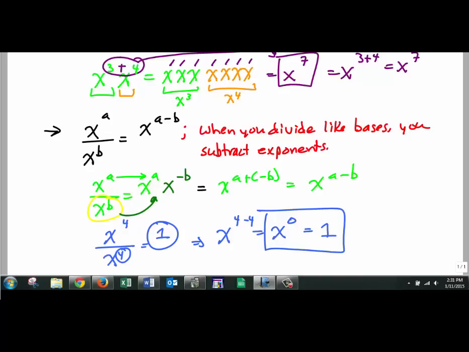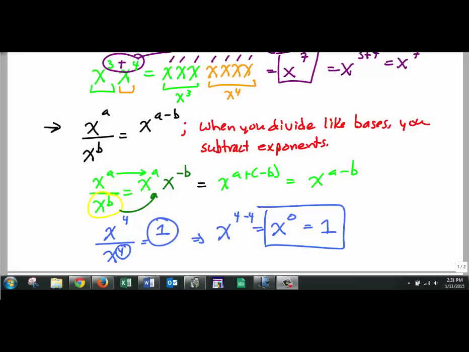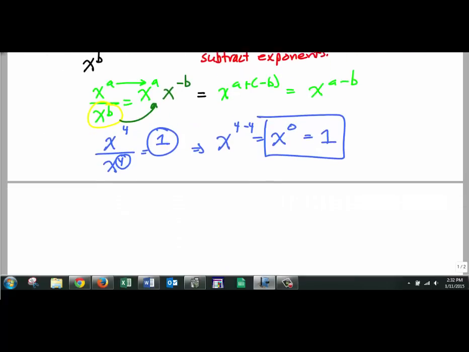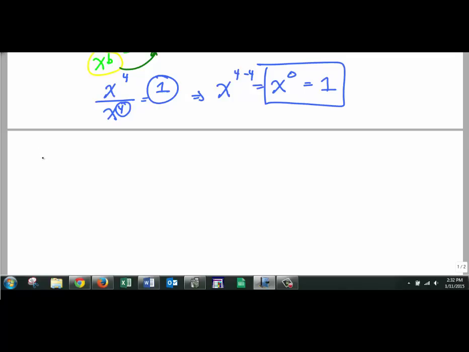So there's a few really handy rules for exponents that you'll definitely need to know. The next one that we're going to look at: let's say we had a base and an exponent, x to the a, and all of this was raised to the b power. Basically we have a power to a power here. The rule is when you have a power to a power, you multiply the powers.